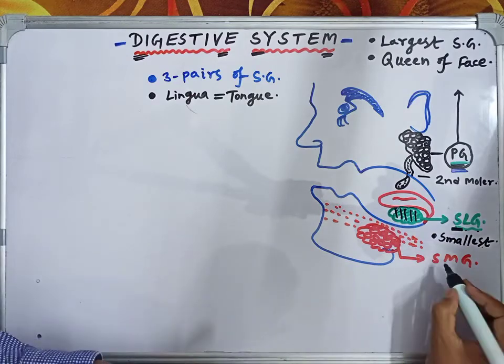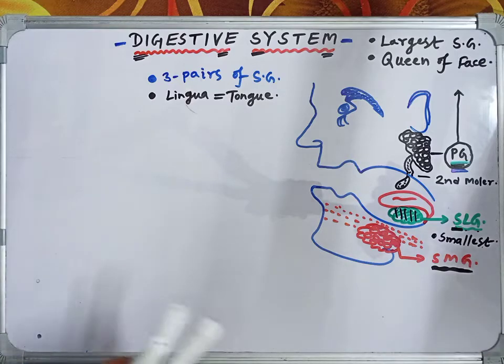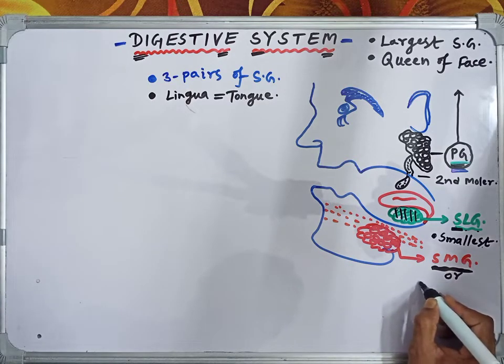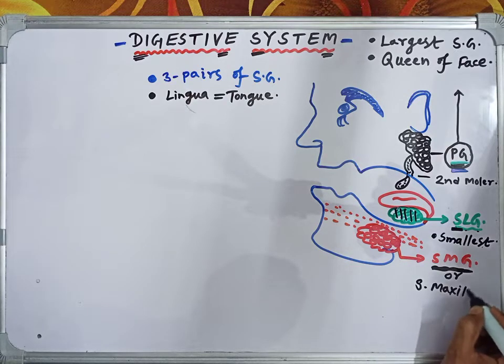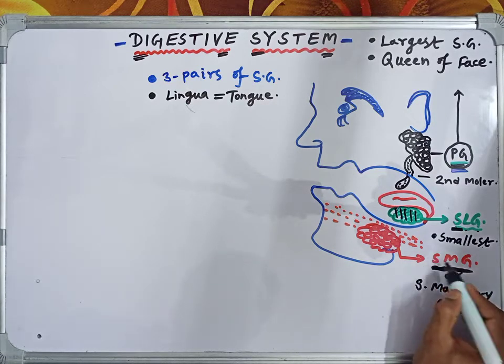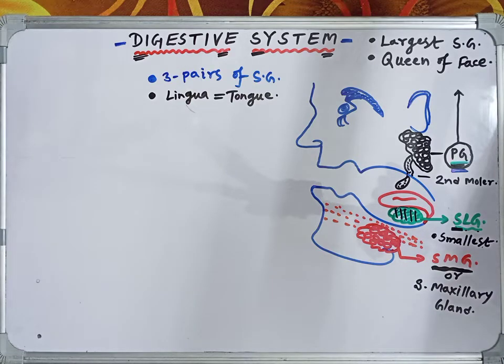That's why it is called the submandibular gland, and it is also known as the submaxillary gland, right? That means the submandibular gland is also called the submaxillary gland as well.